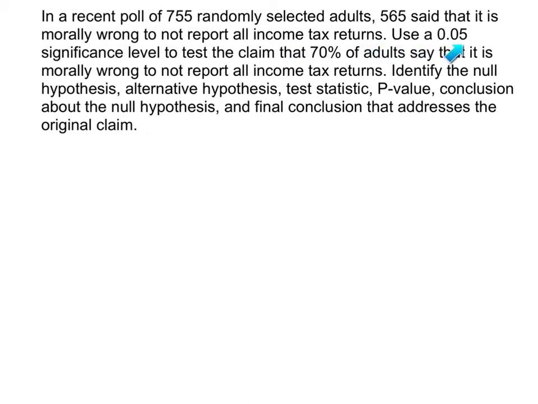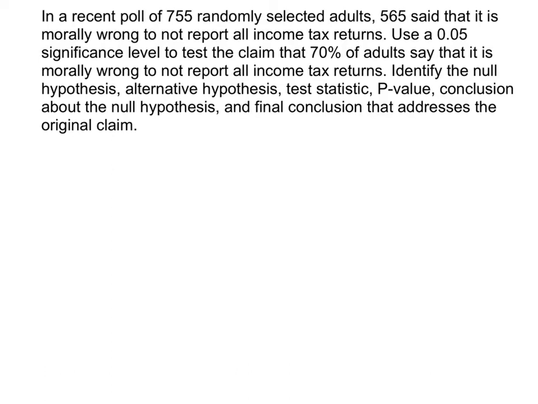Use the 5% significance level to test the claim that 70% of adults say that it is morally wrong to not report all income tax returns. We are going to identify the null hypothesis, the alternative hypothesis, the test statistic, the p-value, the conclusion about the null hypothesis, and a final conclusion that addresses the original claim.